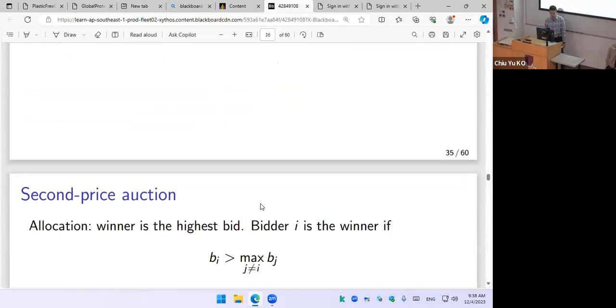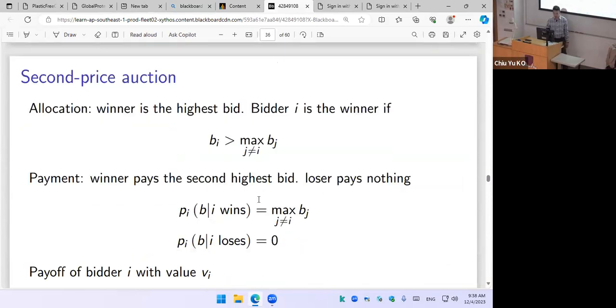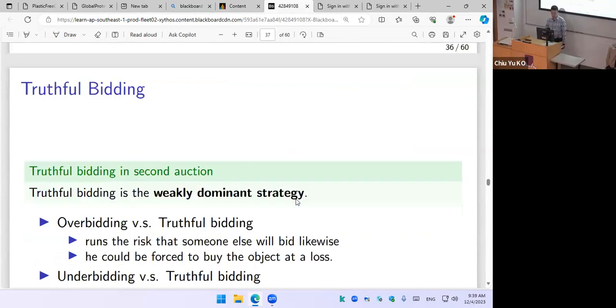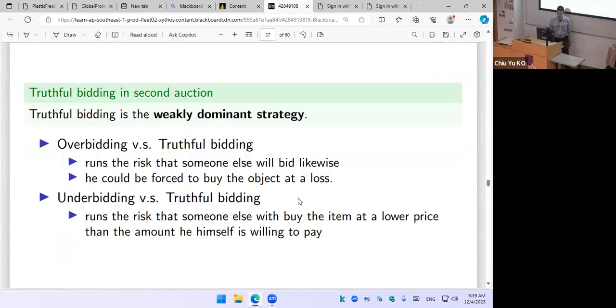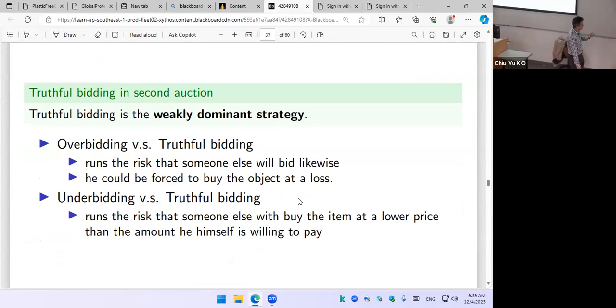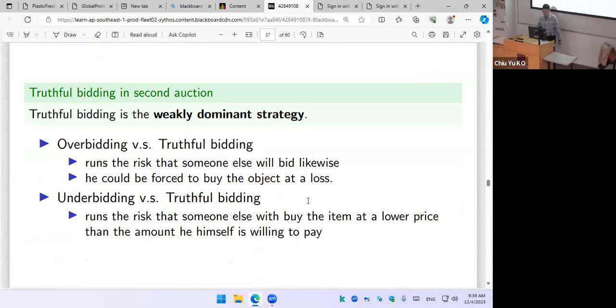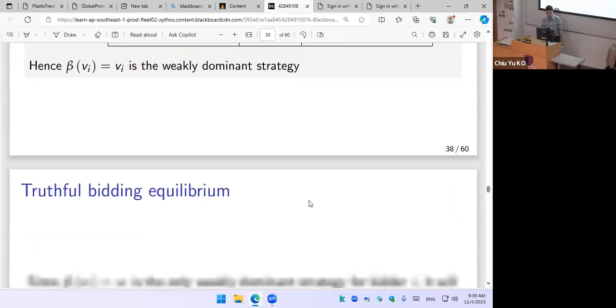Everyone just bids his or her own value, because you pay only the second highest bid. So it turns out this is a weakly dominant strategy, and that means it is part of the Nash equilibrium, because everyone is bidding their own valuation. It's an equilibrium, okay?